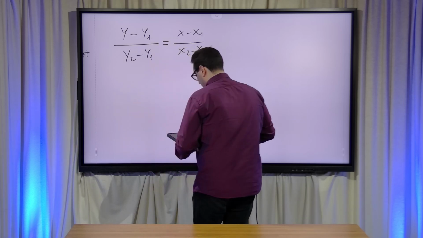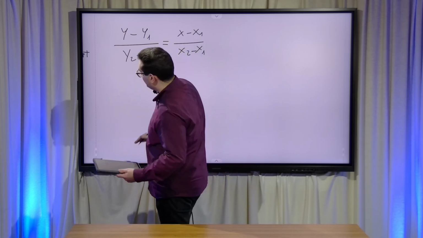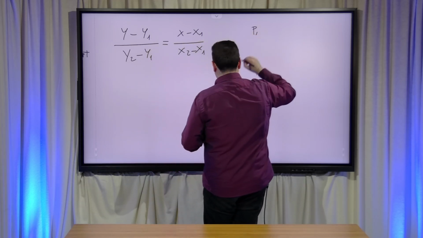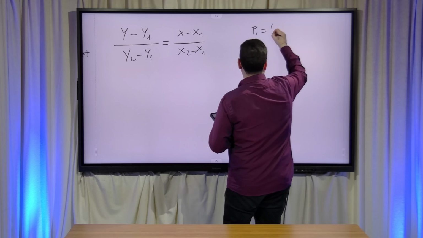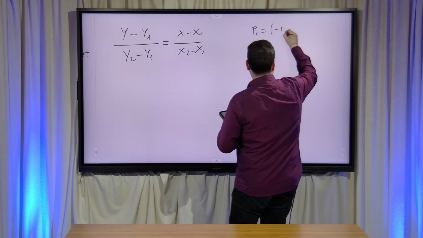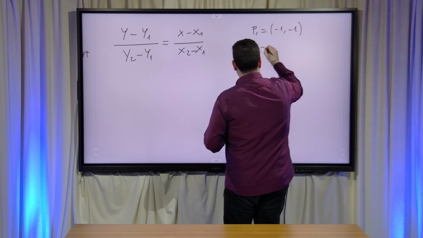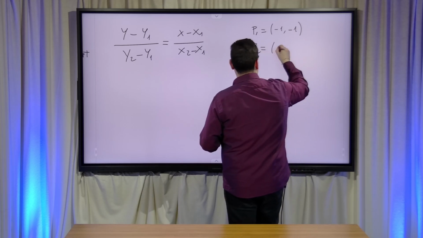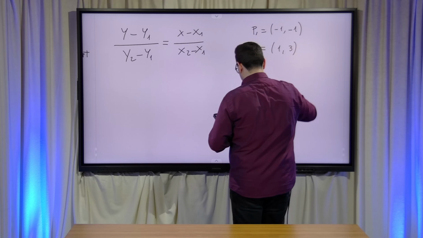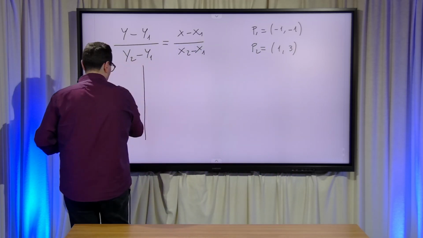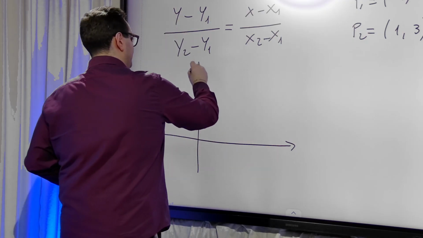Okay. Let's make an example. If I consider these 2 points, P1 equals (-1, -1) and P2 is equal to (1, 3). Let's draw it in the Cartesian plane.